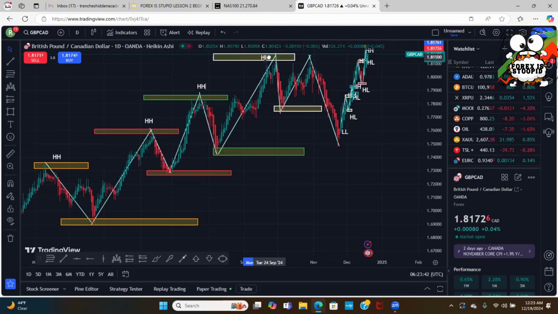And then again, you have your lower low, followed by a higher low, followed by another higher low, followed by another higher low, and that higher low. And it was a higher low for a while. And this was a lower low.